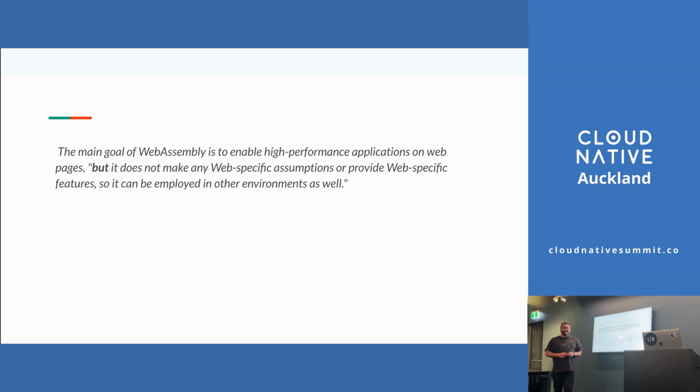But the great thing is that the designers did not make any web-specific assumptions or provide any web-specific features. So whilst it's called WebAssembly, maybe they could have come up with a better name, but we've got that now. It allows you to run not only in the web, but pretty much anywhere, including Kubernetes.